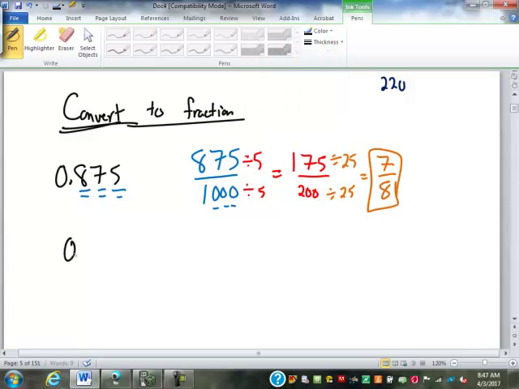How about 0.84? I want you to try to do that one in your notes quick.